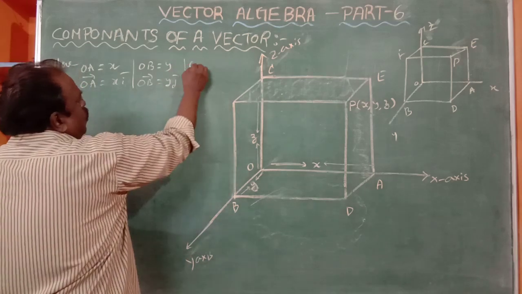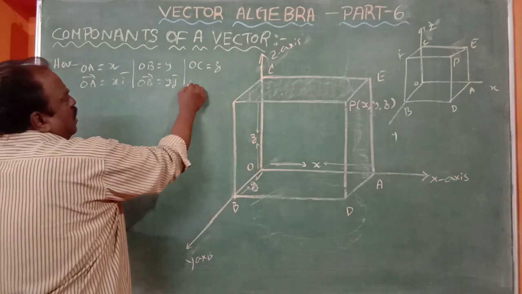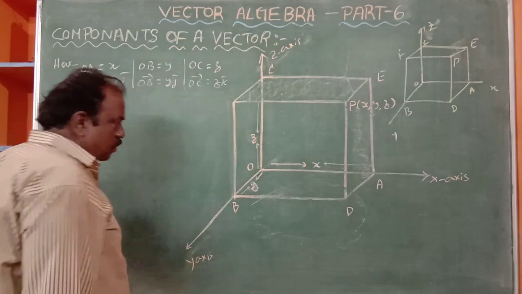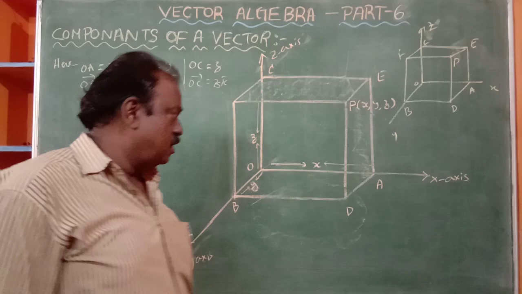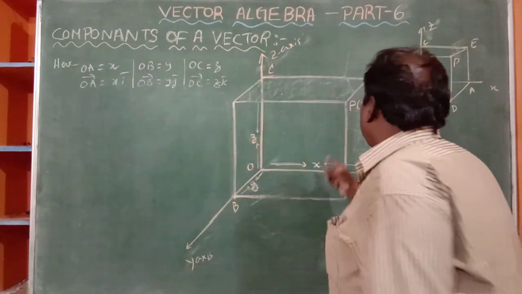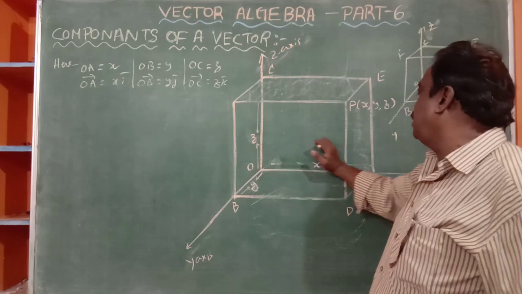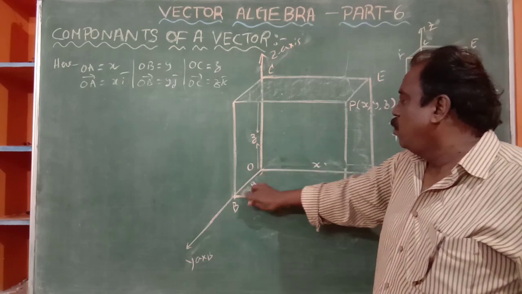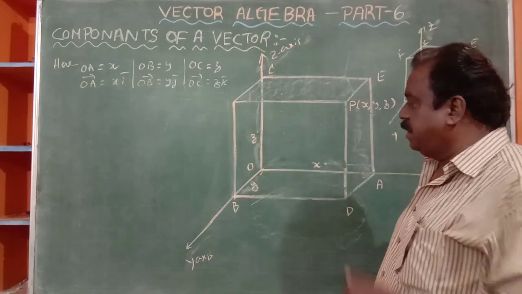And OC is equal to z units length. Then the vector OC is equal to z k cap. Here, observe it. Already we discussed: OA is the x-coordinate, OB is the y-coordinate, OC is the z-coordinate.